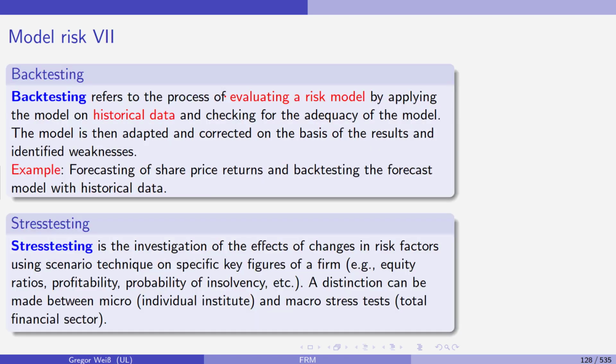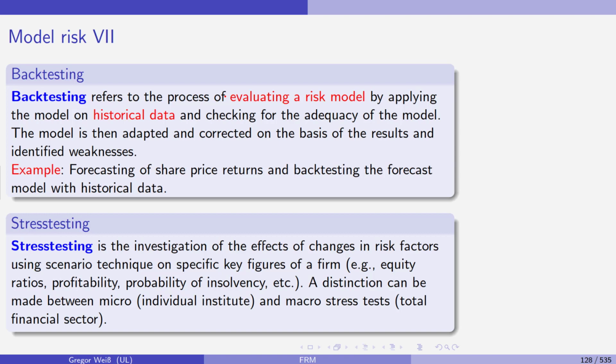What is backtesting and stress testing? Backtesting refers to the process of evaluating a risk model by applying the model on historical data and checking the adequacy of the model. You can then see if you've done something wrong, if your results are not satisfactory, and if you've seen that those results are not satisfactory, then you should adapt and correct the model on the basis of the result and try to identify those weaknesses.